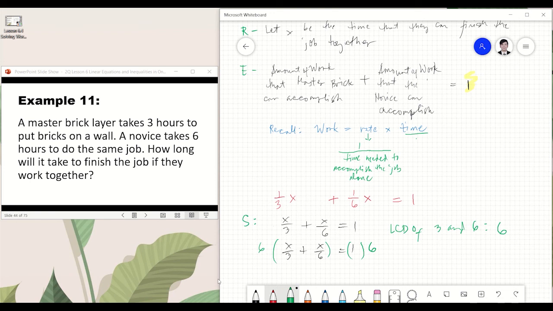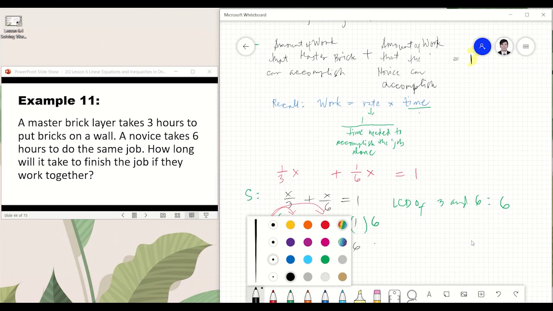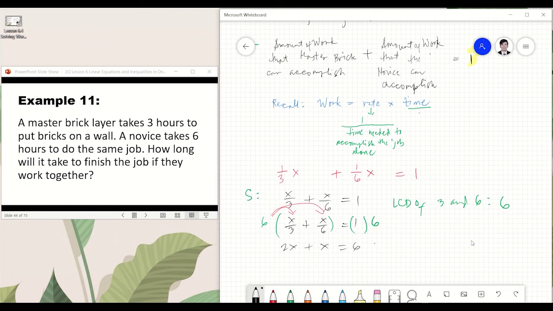So, distribute the 6. 6 times x/3, magiging 2. Kasi 6 divided by 3, 2. So, 2x. 6 times x/6. 6 divided by 6 is 1. So, 1x or just x. 1 times 6 is 6. O, diba? Wala na tayong denominators. So, mas magiging madali yung pag-solve ng ating equation. So, doon na tayo. So, 2x plus x.